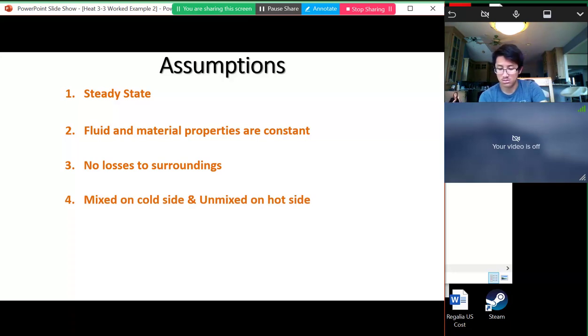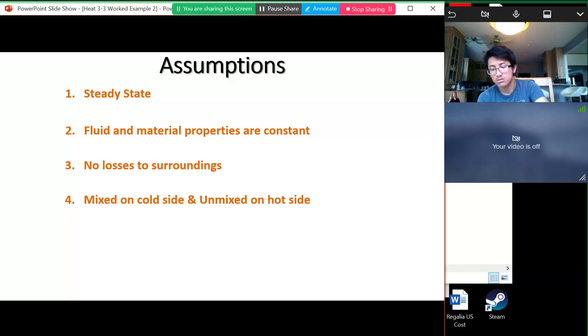This terminology can be a little bit confusing. If it's unmixed, that means I took my flow and separated it into different tubes or different channels, so the flow in one tube can't mix with the flow in the other tube.